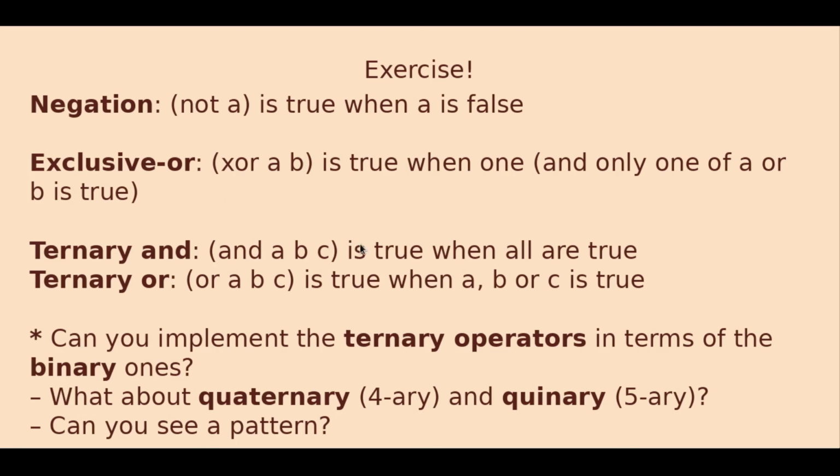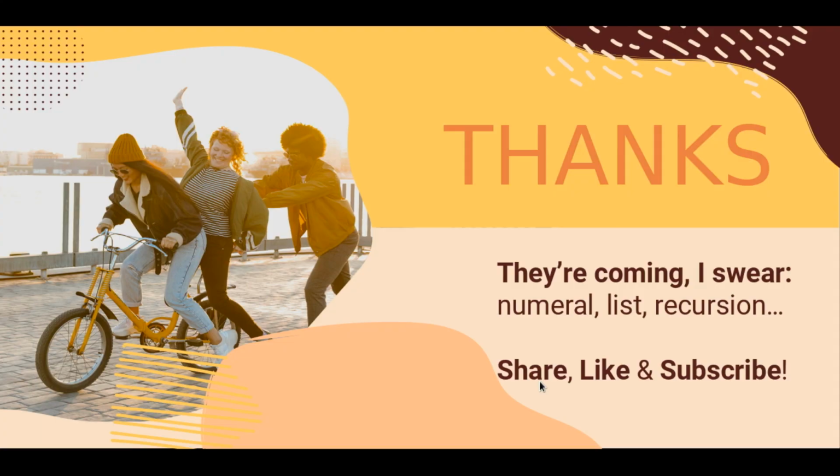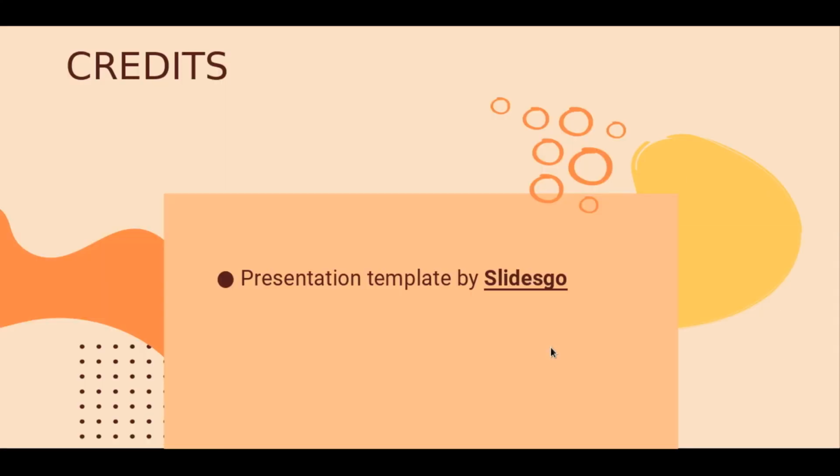The AND A B C is true when all of its arguments are true, and the OR A B C is true when either A, B, or C is true. Can you implement the ternary operators in terms of the binary ones? And what about quaternary and quinary functions? As you do that, can you see a pattern? Alright, and that's it. Credits roll.